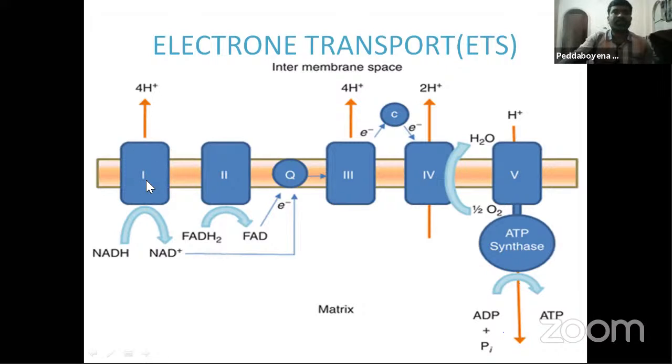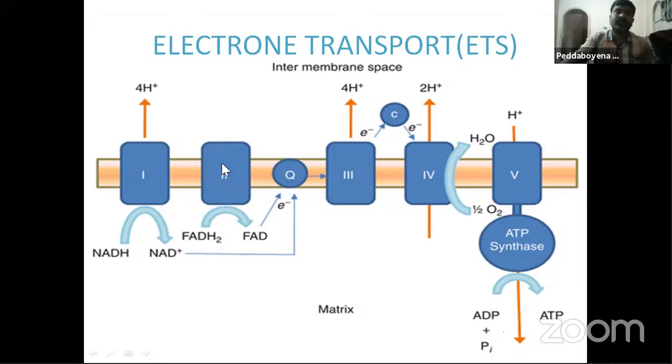Then these electrons come to ubiquinol, and ubiquinone acts as a proton pool. When these electrons are transferred to cytochrome C through the complex 3, the remaining electron loss is filled by FADH2 to FAD.